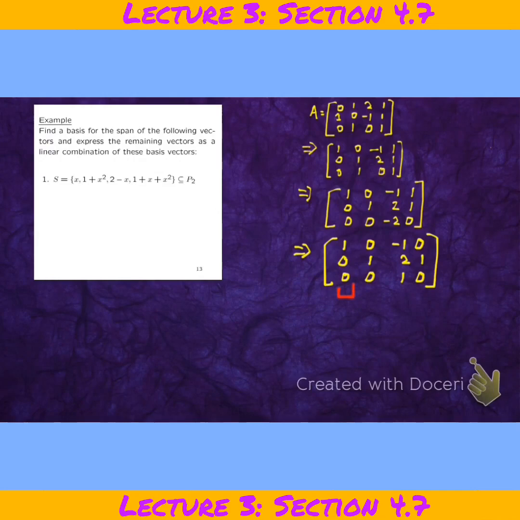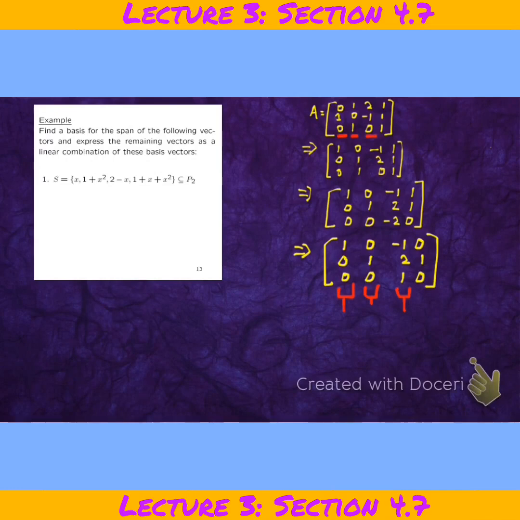That's a column that contains a leading one, that's a column that contains a leading one, and that column contains a leading one. Going back to my original matrix, we see that this column corresponds to that column there, this column corresponds to that column there, and this column corresponds to that column there.